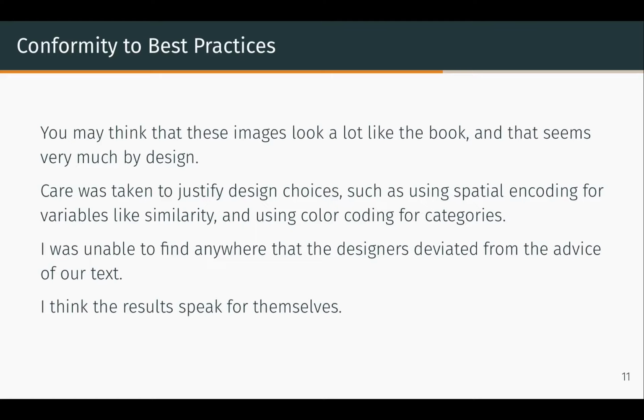The authors took a lot of care in justifying their design choices and referencing best practices when they were choosing to use spatial encoding for variables like similarity and choosing to use color encoding for their categories. They were always sure to explain why that was the best choice for their use case. I was unable to find anywhere really that the designers deviated from the advice in our text, and I think that the results speak for themselves, and I think it's a very lovely design.